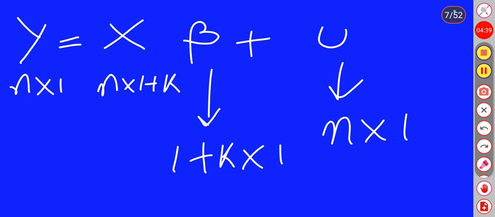Similarly, beta has 1 plus k rows and only one column. U is the error term, here also n rows but only one column.